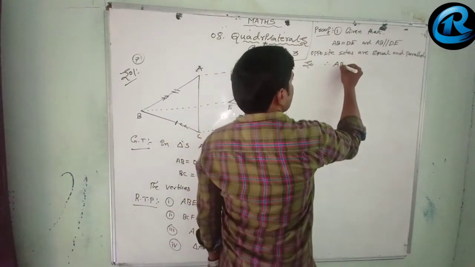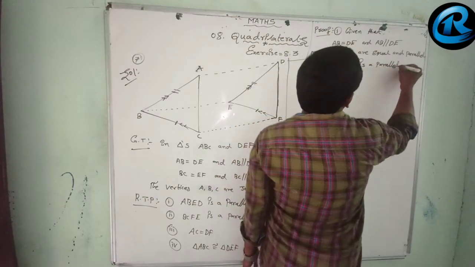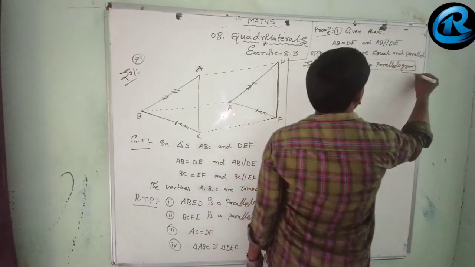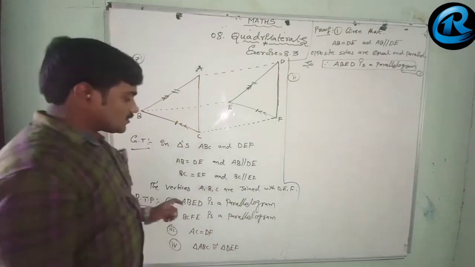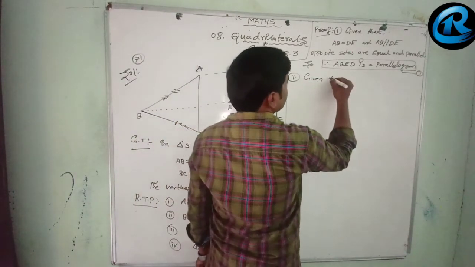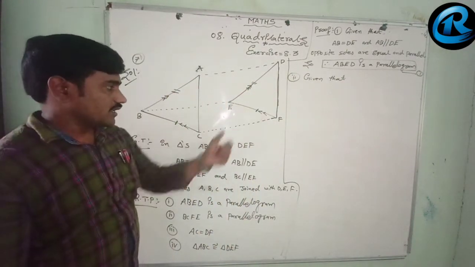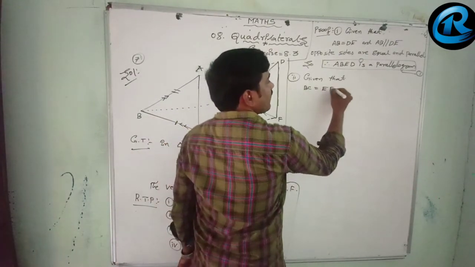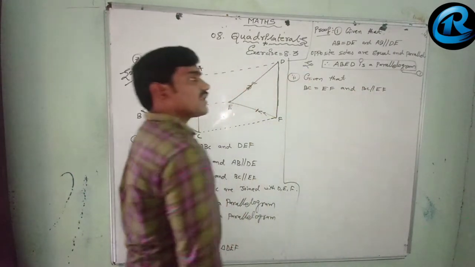Therefore ABED is a parallelogram. This is equation number 1. You keep it. Now the second one is also given similarly. Here also they have given BC is equal to EF, and also this BC is parallel to EF.